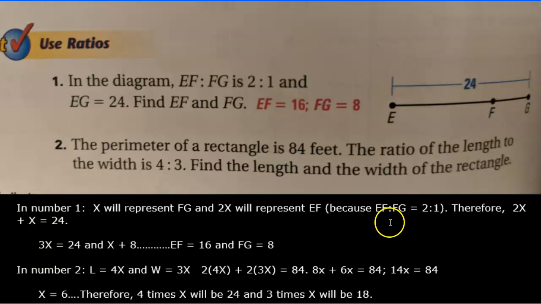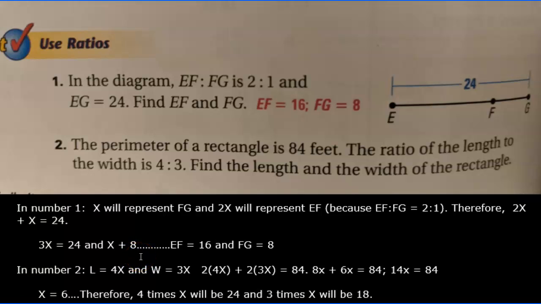That's because EF to FG is 2 to 1. Therefore, 2X plus X equals 24. Then I'm going to add my X's together. I'm going to have 3X equals 24.